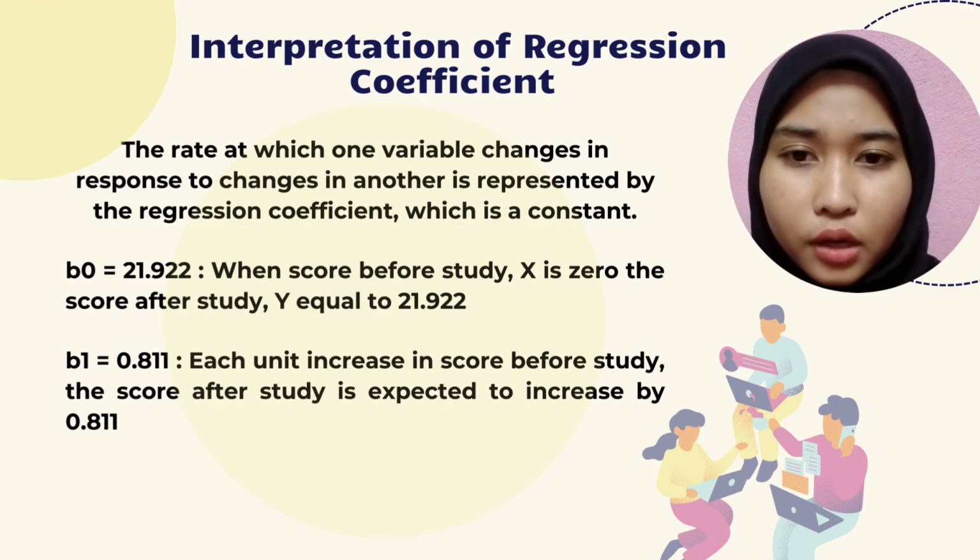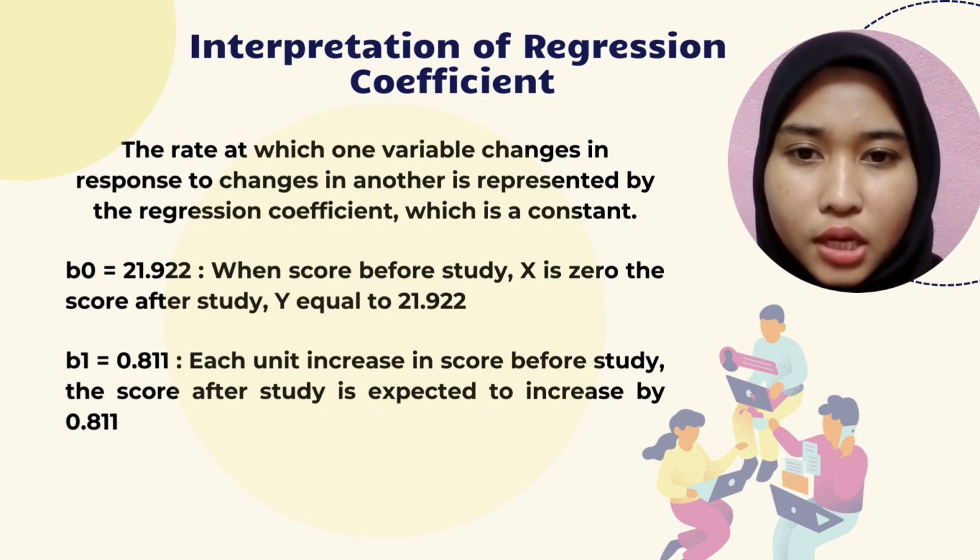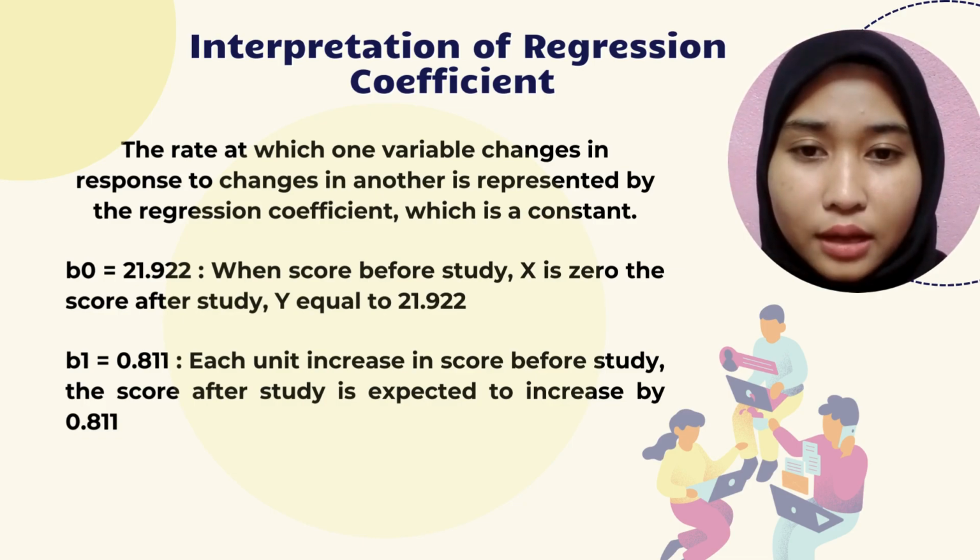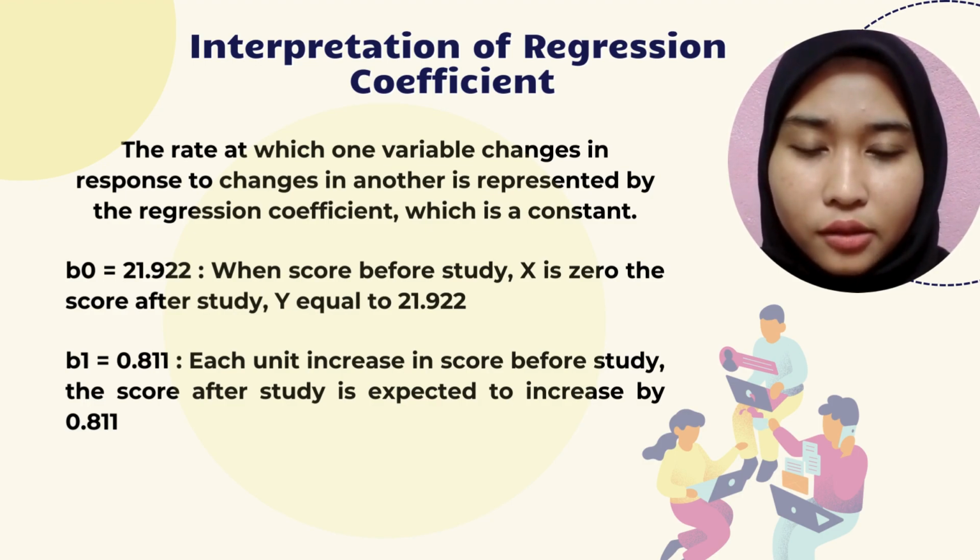Next, B1 is 0.811: for each unit increase in score before study, the score after study is expected to increase by 0.811.